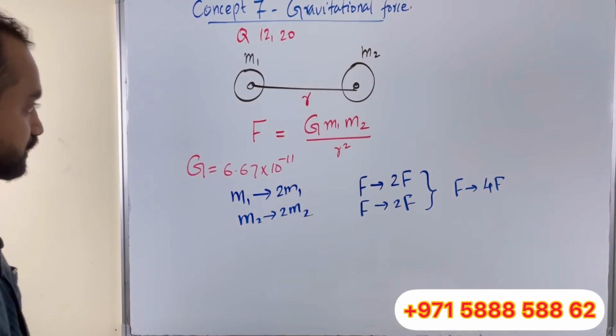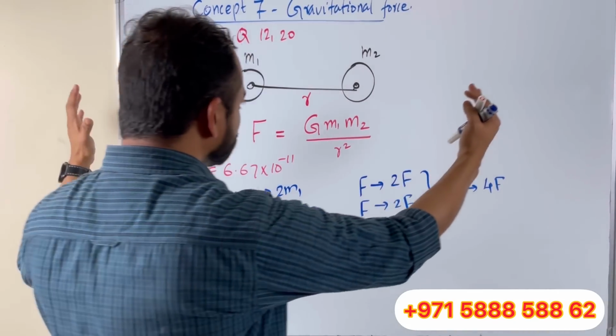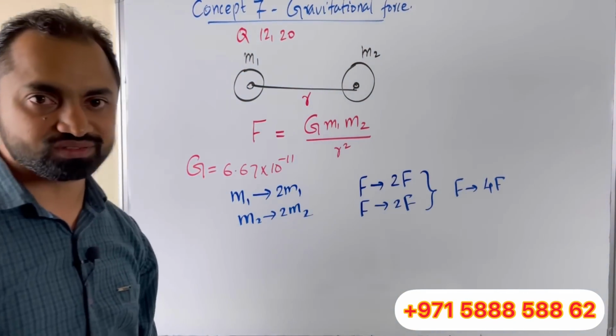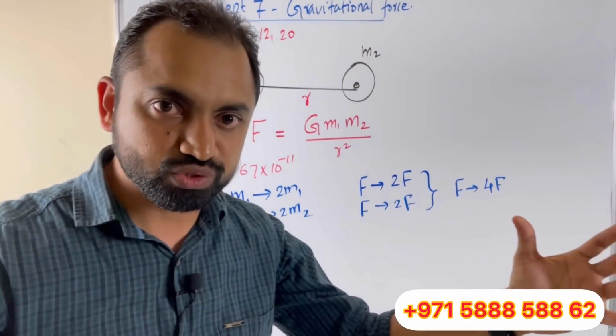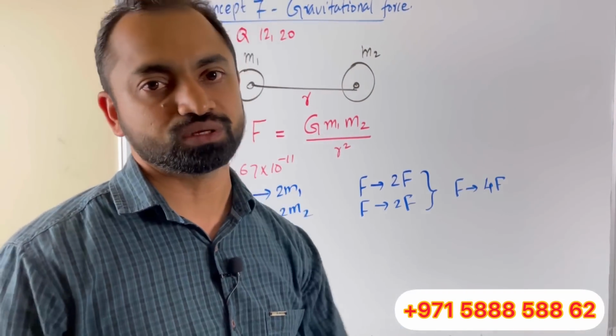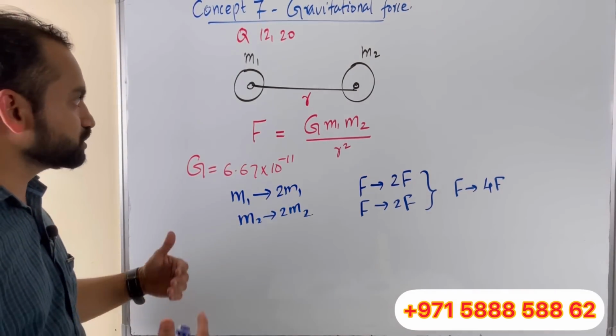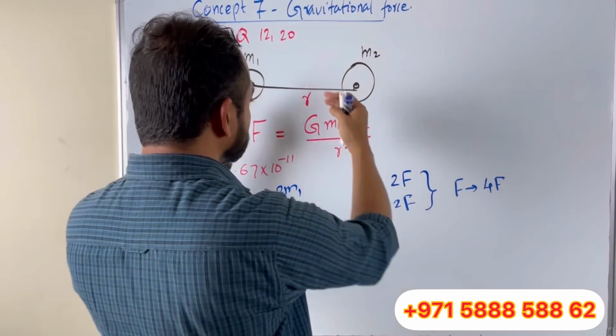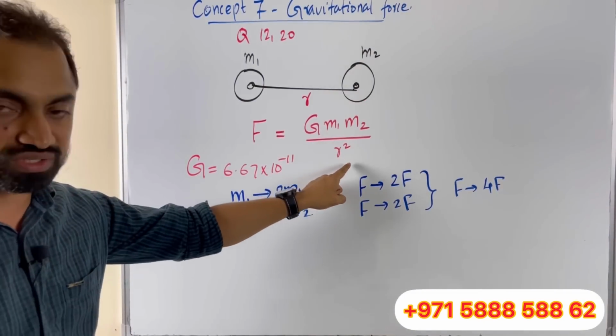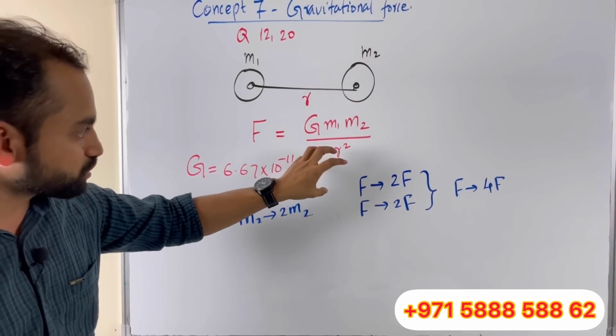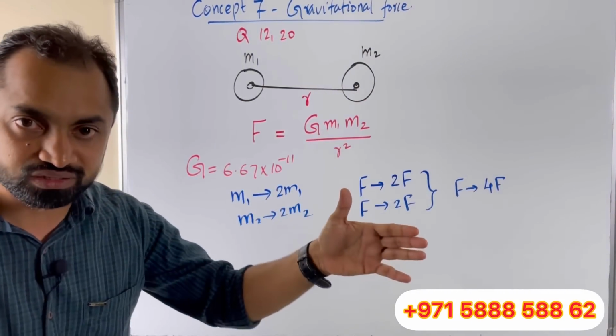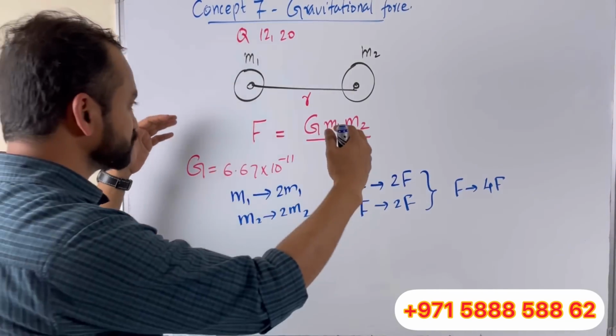Okay, then what happens to the force when you decrease the distance between the masses? The force will increase, right? When the distance decreases, the force will increase. Why? Because distance is in the denominator, so when the quantity in the denominator decreases, the force will increase.